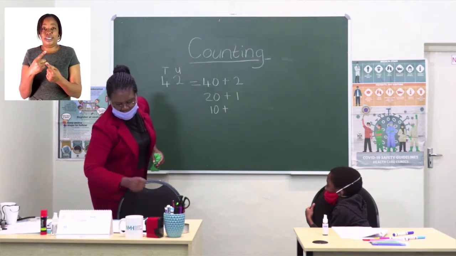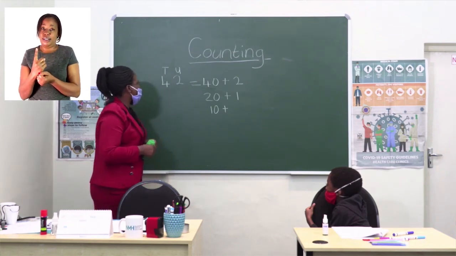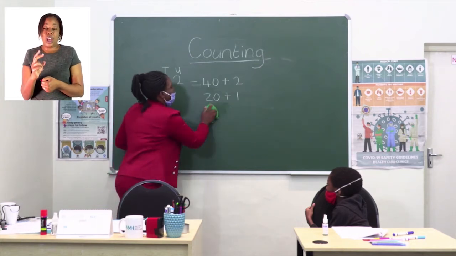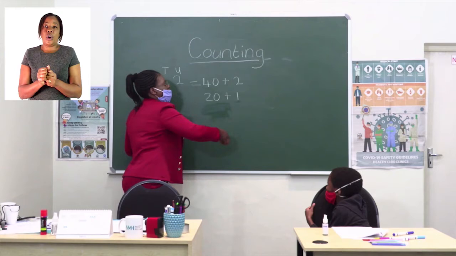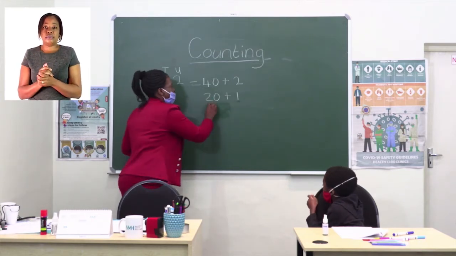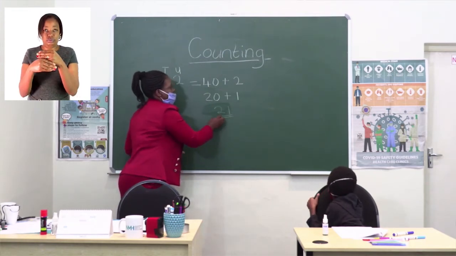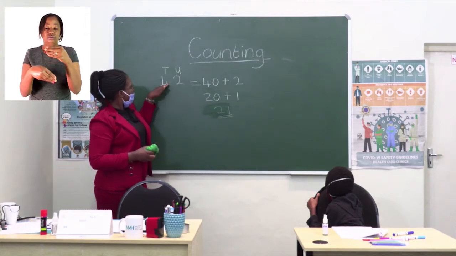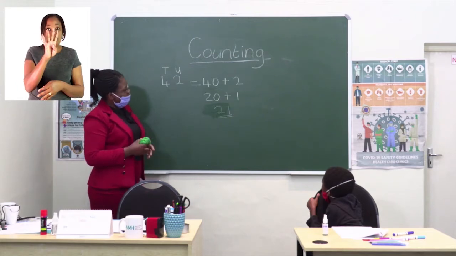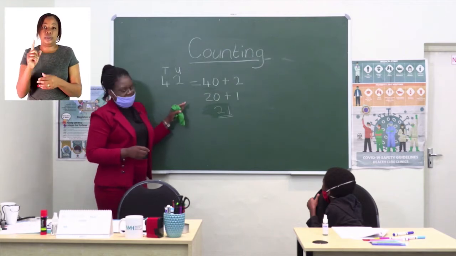Okay, so now if we want to find out what is the half of 42, we can just end it here, because a 1 will not have a half again, they will not continue. So we'll just end it there: 20 plus 1 and then we are done. Then we just say 21. So we can say now a half of 42 is 21. There is nothing left out. Are we together? Okay, so those are the steps that they have followed.